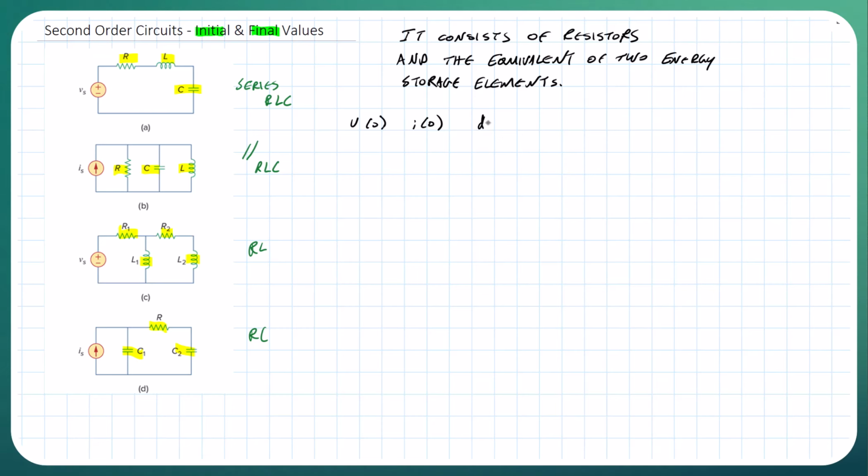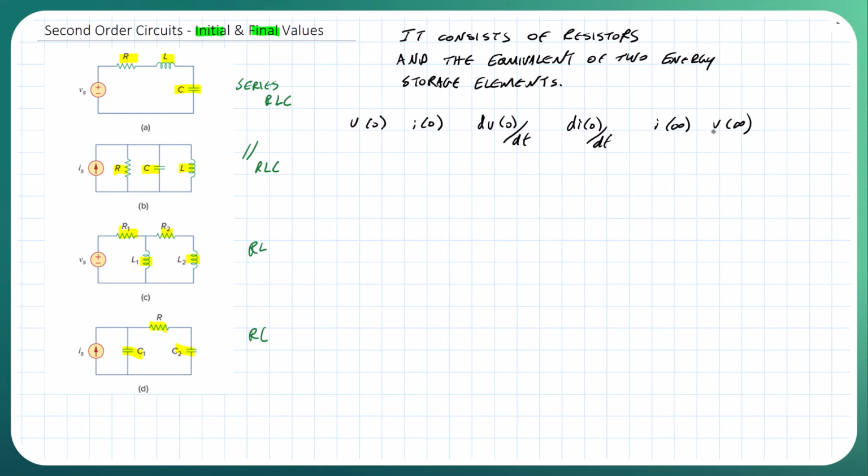We'll look at dV of 0 over dt. We want to figure out what di of 0 over dt is. We want to look at the current at infinity and the voltage at infinity.